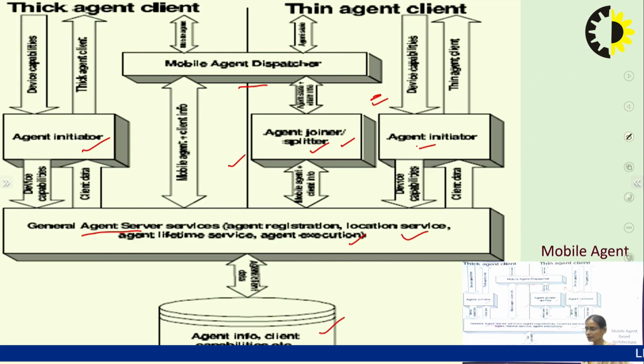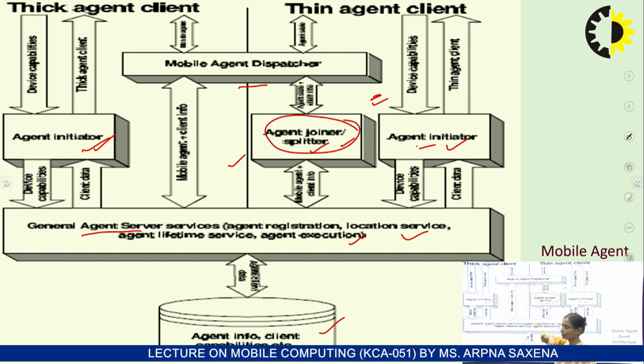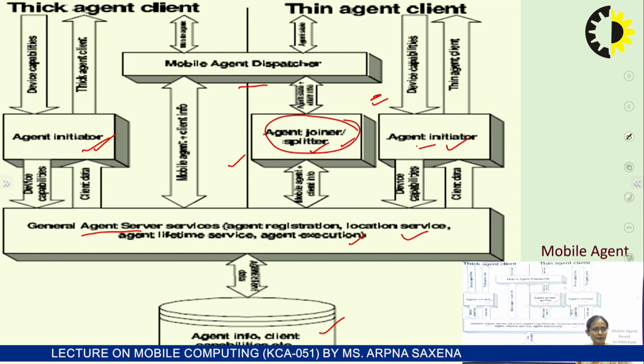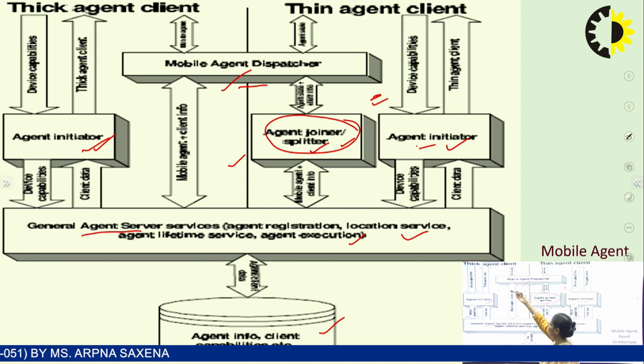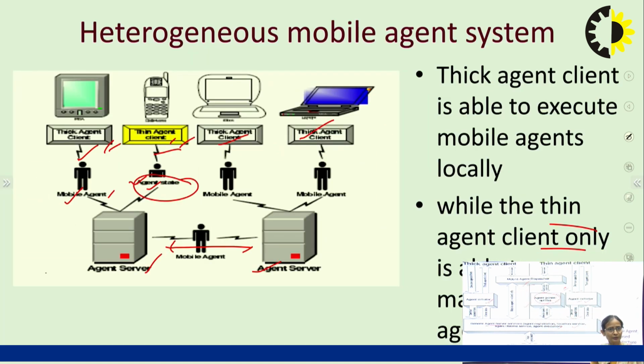Here we have the agent initiator. Similarly, we have the agent initiator in the case of the thin client also, but we have an additional component here, the agent joiner or splitter. The mobile agent dispatcher is responsible for both environments, the thick agent client as well as the thin agent client environment.